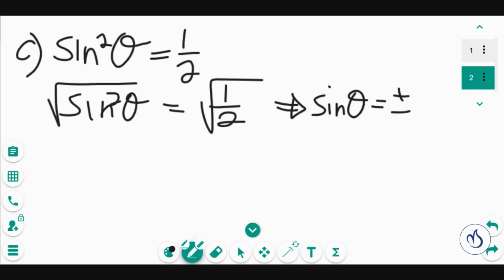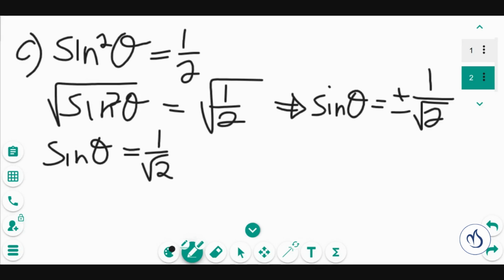The square root of 1 is 1. The square root of 2 is not a perfect answer, so I'll leave it in square root sign. 1 over root 2, plus or minus, those are two values. I mean that the sine of theta is 1 over root 2, and the sine of theta is also negative 1 over root 2.